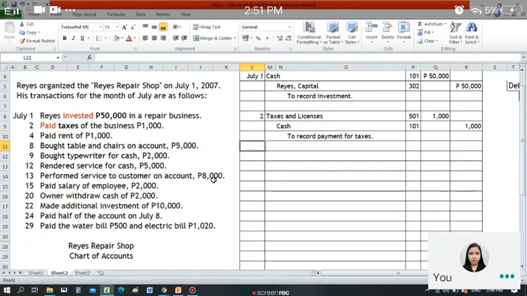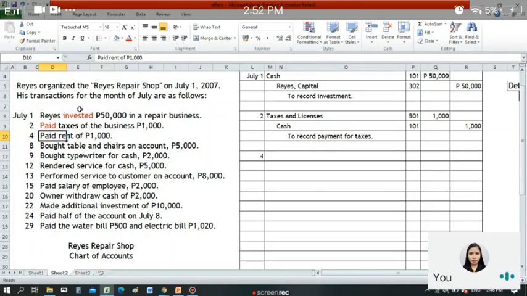Next, record ulit tayo. Next is a transaction on July 4. So, another, leave a space. So, 4, transaction. Paid rent of 1,000. So, very simple. It's like the second transaction, we paid an expense.